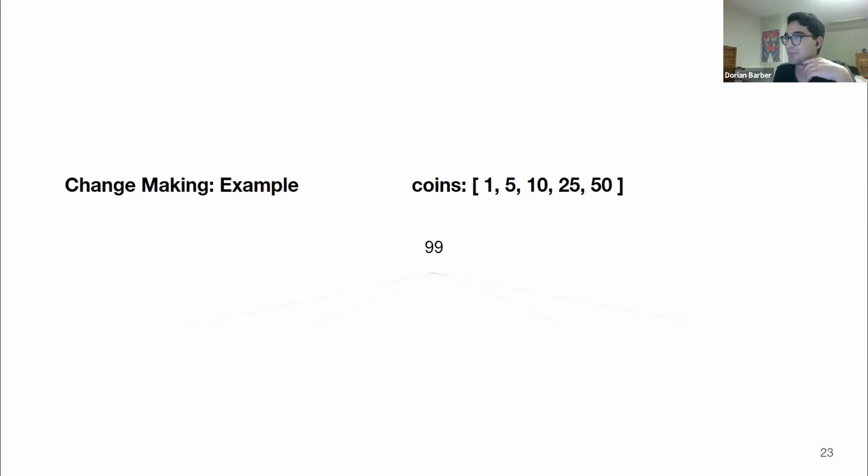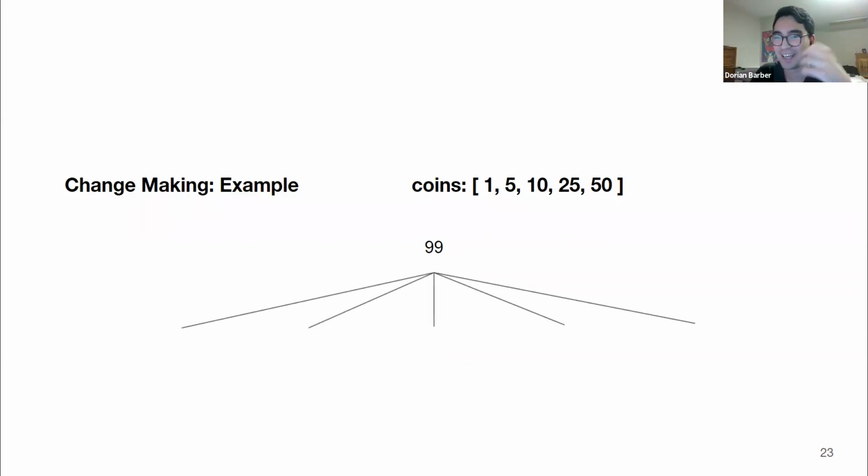So I have 5 lines here, and could anyone guess what the number underneath each line will be? You don't have to tell me exactly, but 99 minus 50, 99 minus 25, 10, 5, 1. Yeah, exactly. We have 5 denominations, and there are 5 ways we can get to 99.